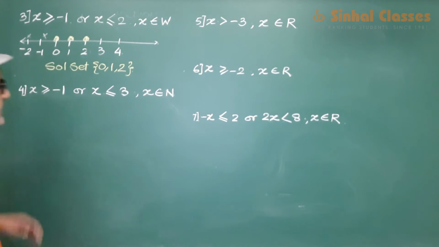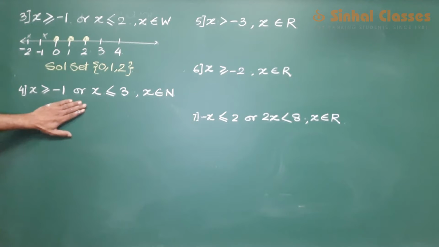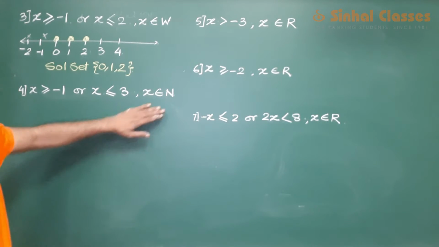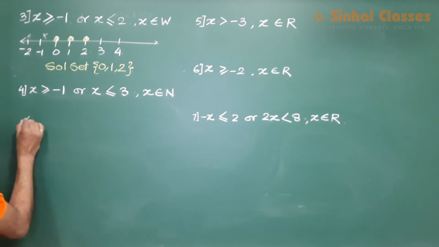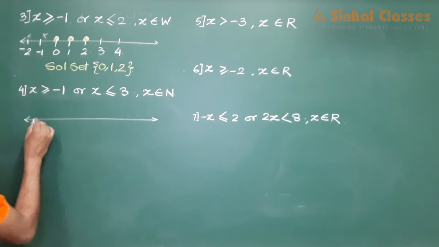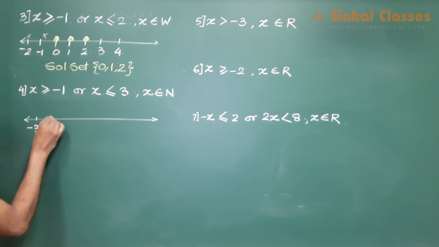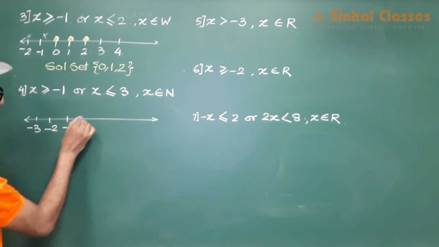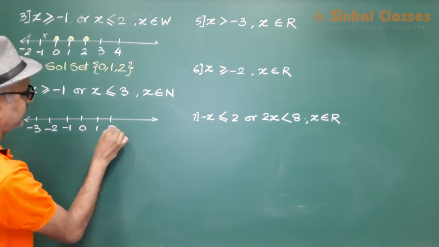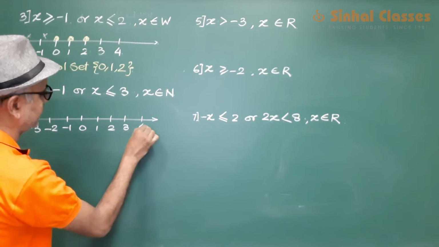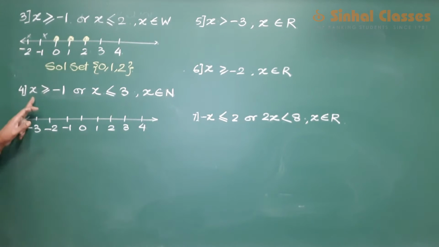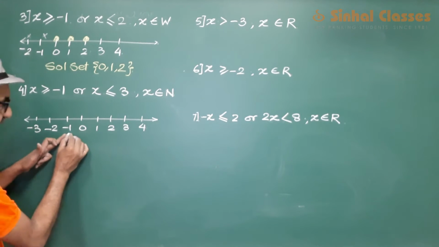Next is this. X is greater than minus 1 or x is less than or equal to 3. Again, x is greater than minus 1.